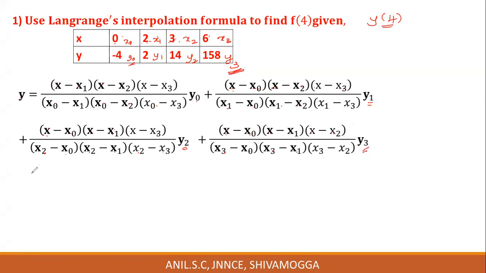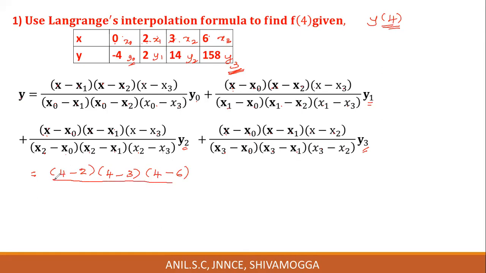Now make these substitutions. This is a very simple method. x minus x0, where x is the value at which y is to be determined, that is 4. x minus x1, x1 is 2. x minus x2, x2 is 3. x minus x3, x3 is 6.